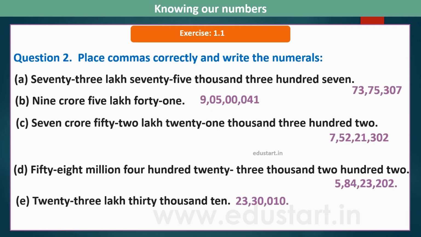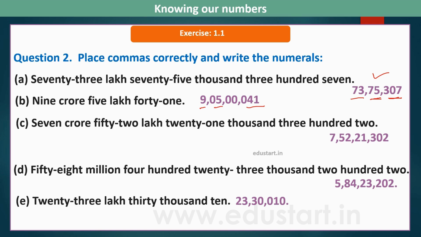Question number 2. Place commas correctly and write the numerals. The first one is 73,75,307. Now we have the first comma we are placing after 3 digits, then 2 digits. 9 crore 5 lakh 41. So first comma after 3 digits, then 2 digits, then 2 digits.